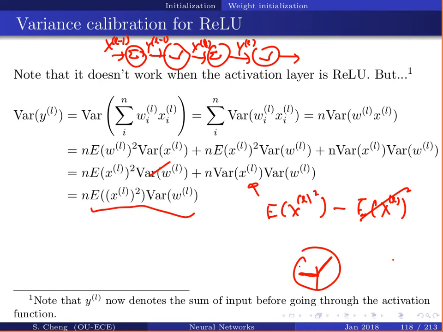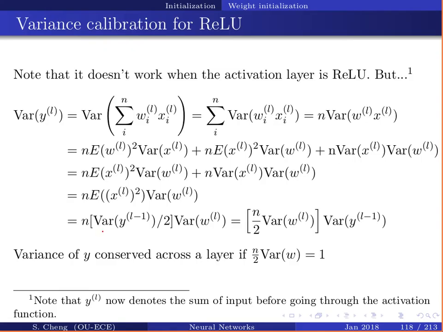This may be an approximation, but essentially approximately half of the time it will keep itself, and half of the time it will equal 0. So if you think of this as the energy, the mean of this squared value, you cut off half of the energy. So that should be half of the original.